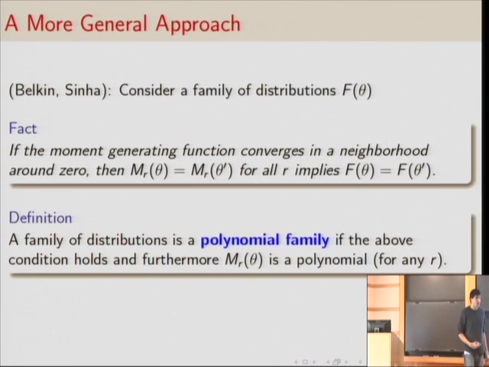So the expected value of x to the r, when taken from a member of this polynomial family, will be a polynomial in the underlying parameters we're trying to solve for. This contains, as a special case, for example, a mixture of two Gaussians, a mixture of k Gaussians. These are all polynomial families. They're defined by their moments, and in fact, their moments are polynomials in the underlying parameters.